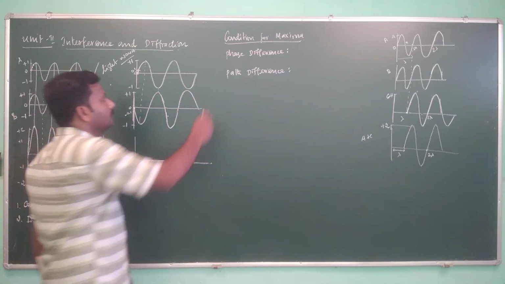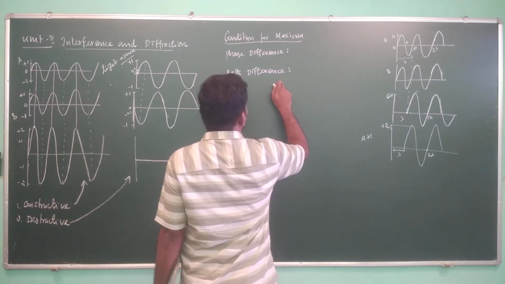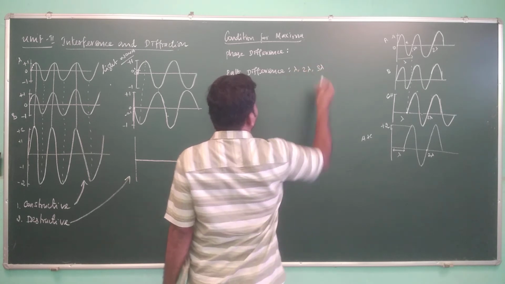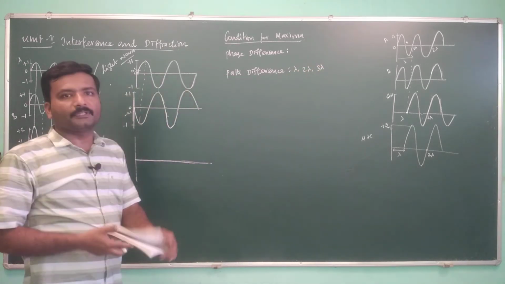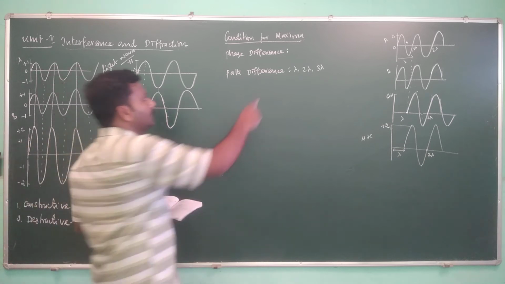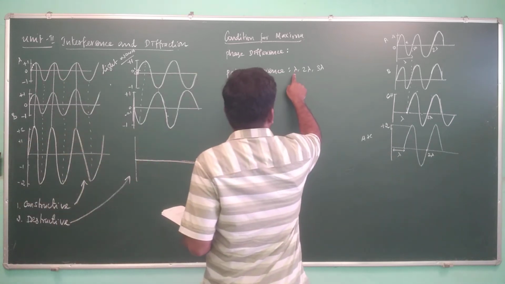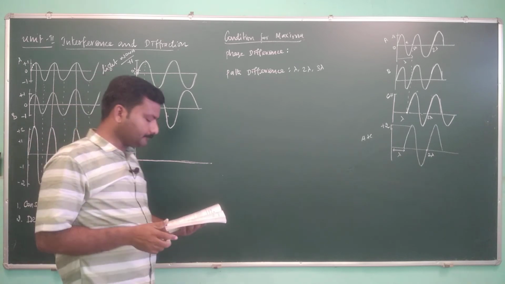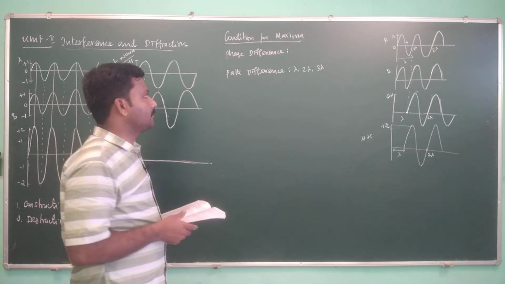So when the path difference between two waves is lambda, 2 lambda, 3 lambda, then you will get the maximum interference.